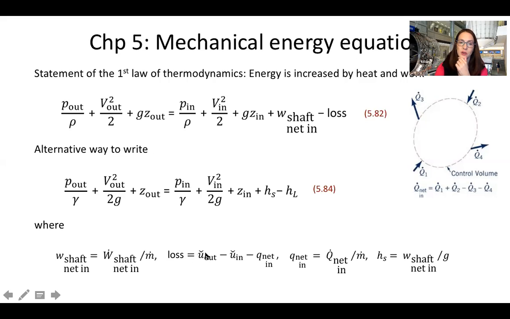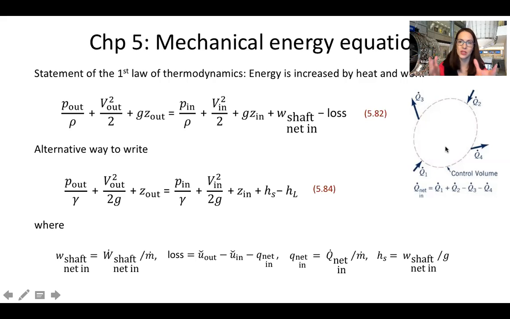Our loss term is the internal energy and the heat, Q, added to the system, right? And then this little q, the heat per unit mass, is related to the net heat in, the net rate of heat addition, divided by m dot, or mass flow rate. Right, and then our shaft work term here, our shaft work head loss, h_s, is just our shaft work per unit mass over g, the gravitational constant, right?